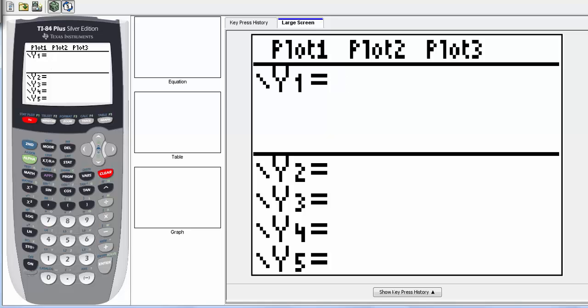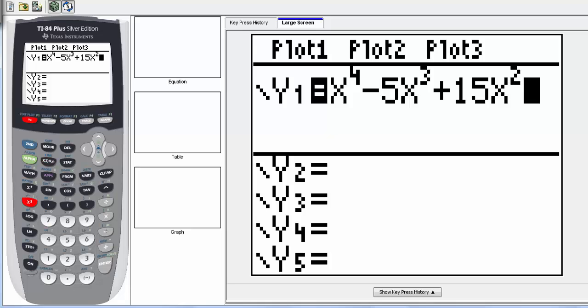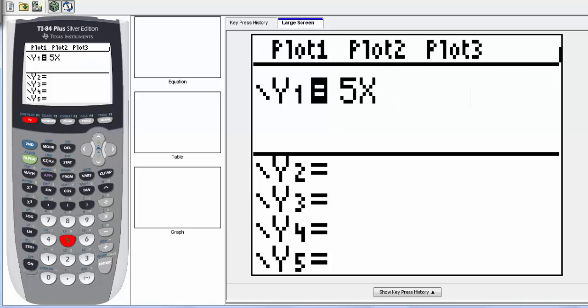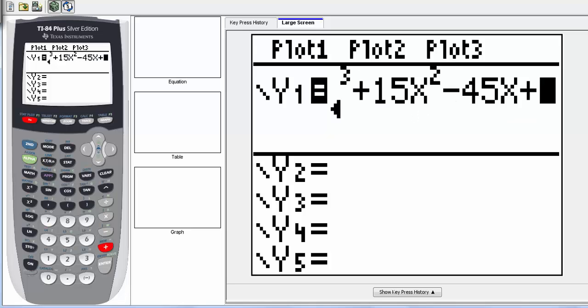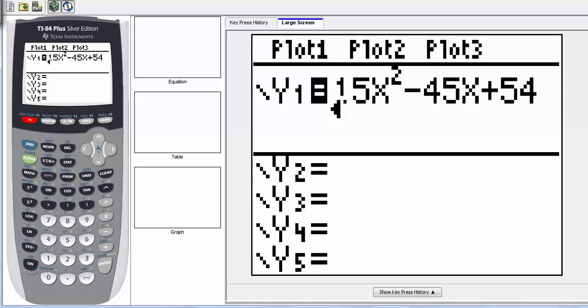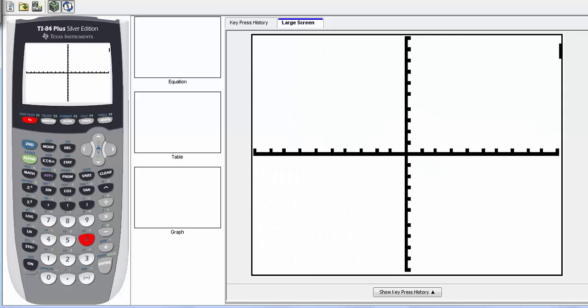And if we go to y equals, we have x to the fourth power minus 5x cubed plus 15x squared minus 45x plus 54. And I'm going to start with zoom and standard just to see what we come up with.